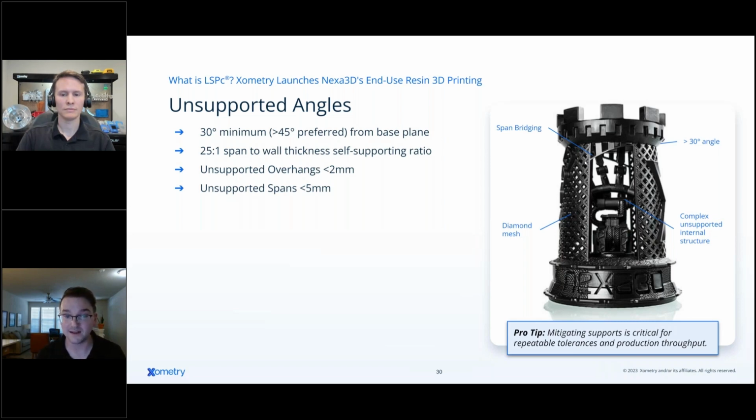And if it's unsupported, you want to make sure that span is under 5 mils to ensure that it builds correctly. Similarly, unsupported overhangs in your design, we recommend keeping under 2 mils. Again, you're always welcome to push the technology, but with that, you assume a little bit of risk regarding printability, and you'll probably get a call from Greg's team of experts.